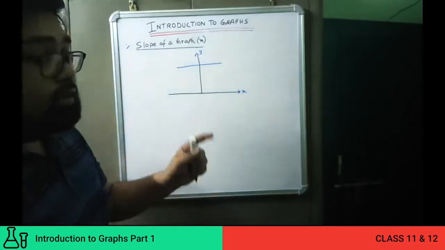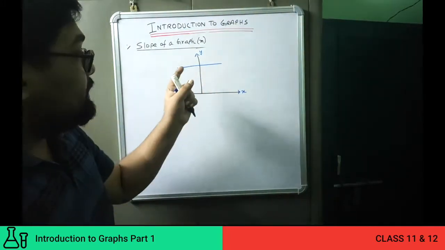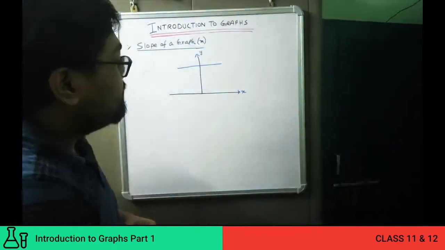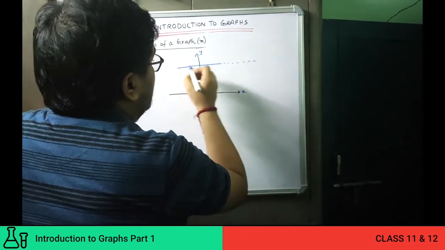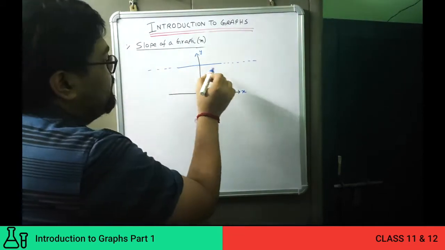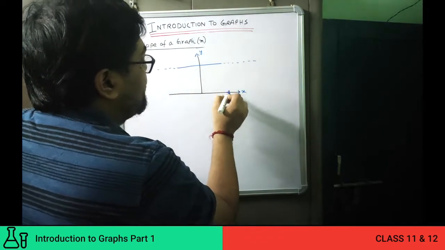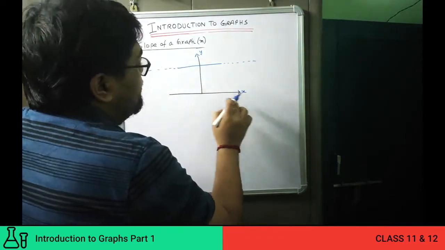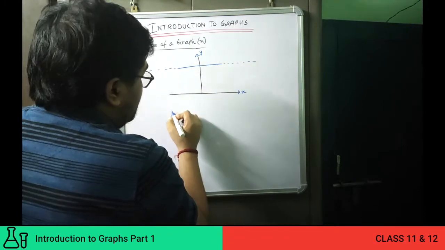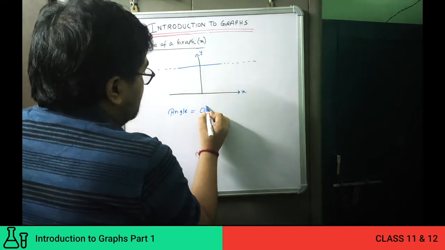So we know what the slope is: the tangent to the angle made by the line in the positive x direction. Here you see this line is absolutely parallel to the x-axis. That is, it is not meeting x-axis at any point. So if it is parallel, then the angle will always be 0 degree.